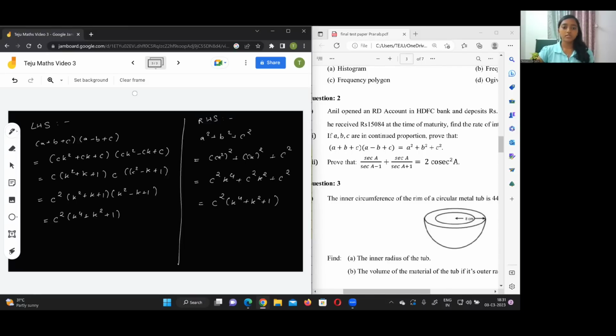So LHS is equal to RHS. So hence proved.